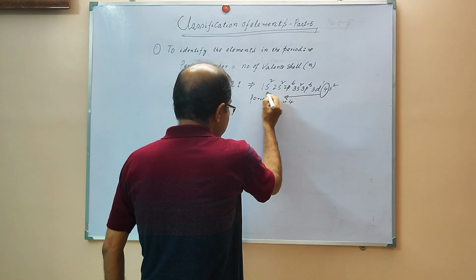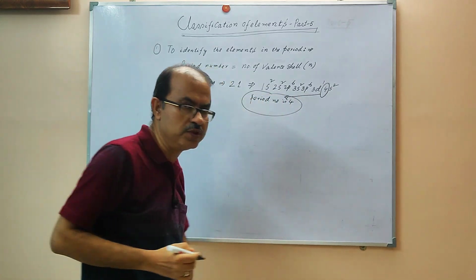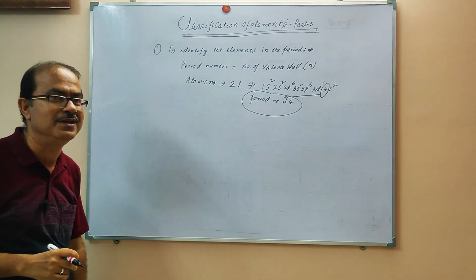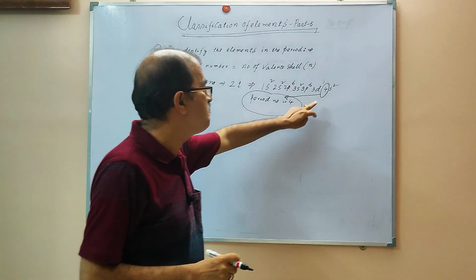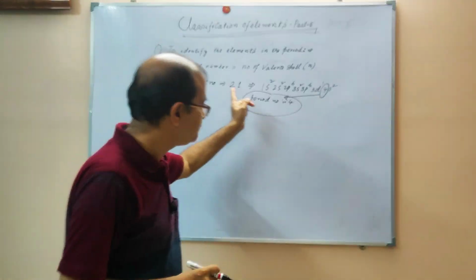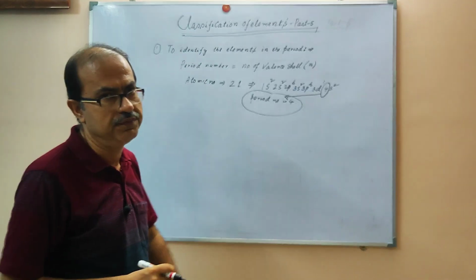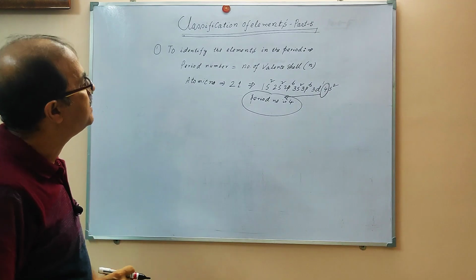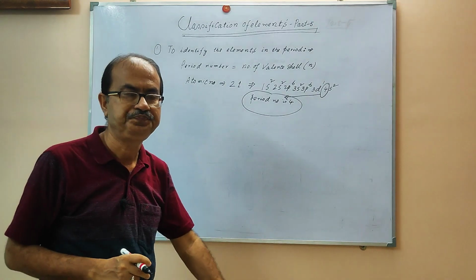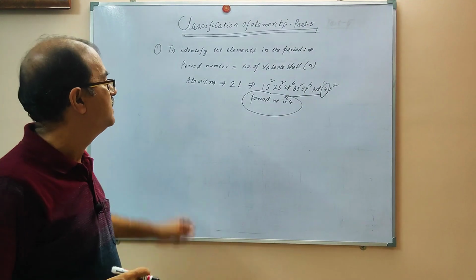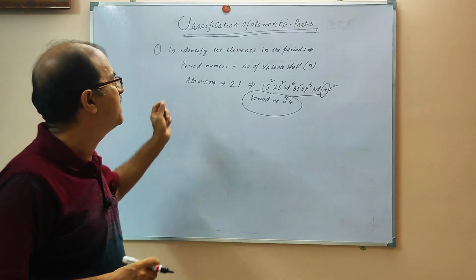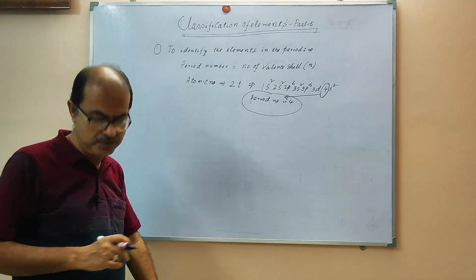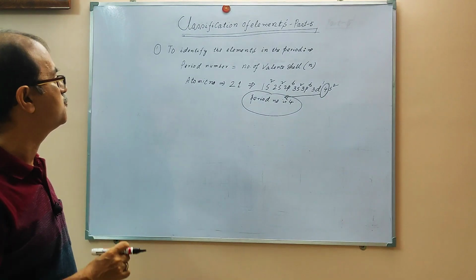That means this element belongs to the 4th period of the periodic table. This is a very easy thing. If you write the electronic configuration correctly, then you can say the correct period in which this element belongs.